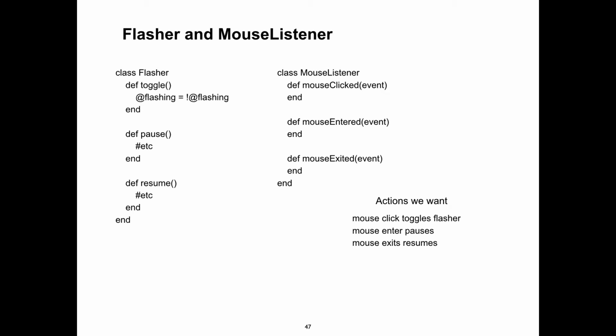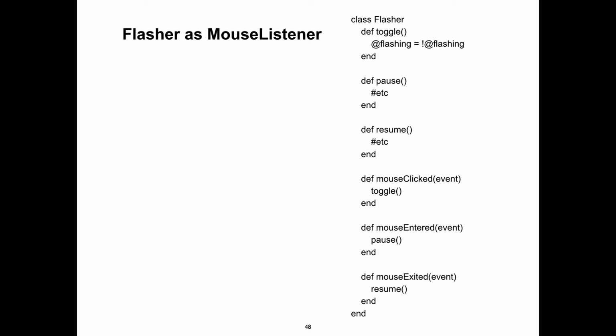So you may want to click to toggle the flashing off or on, and enter pauses it, and exit resumes. So you move the mouse over, it'll say stop flashing. Now we're going to ask, how do we do that? Well, adapter.